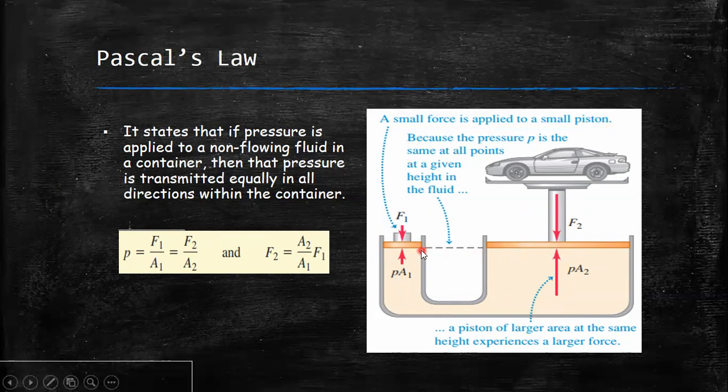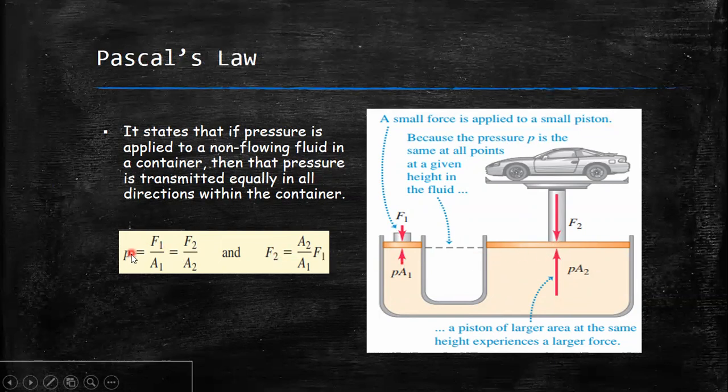So initially, we have the same pressure at the same level, and when we apply additional pressure at the smaller cap, the larger cap will also experience an equal amount of pressure. Thus, the pressure at point 1 and point 2 will be equal.